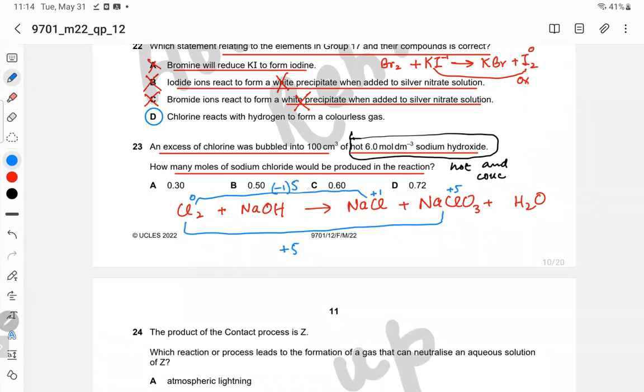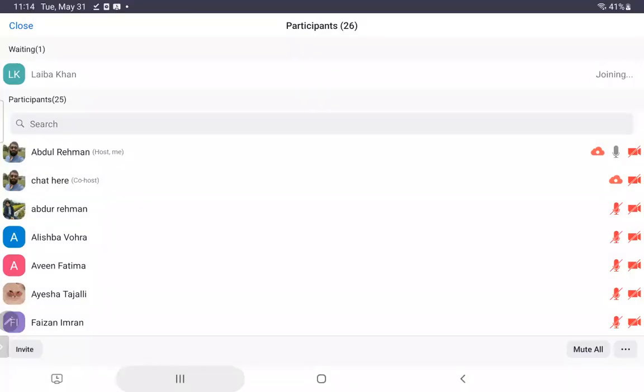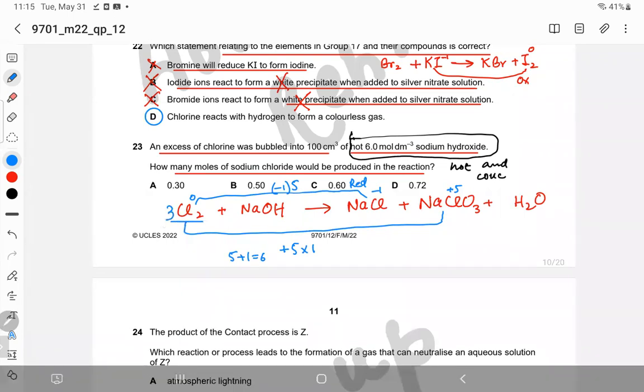So 5 chlorine from, sorry, it's -1 from reduction and one chlorine over here. So 5 plus 1 makes it 6. So it means here we must have 6 chlorines. So we will mark 3 over here. Is it understandable to everyone?